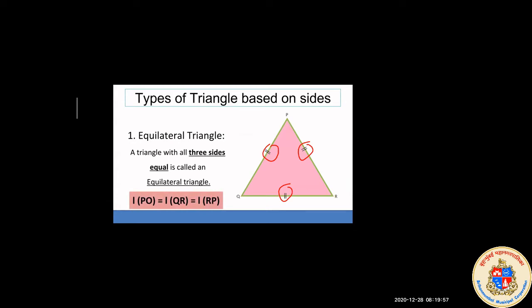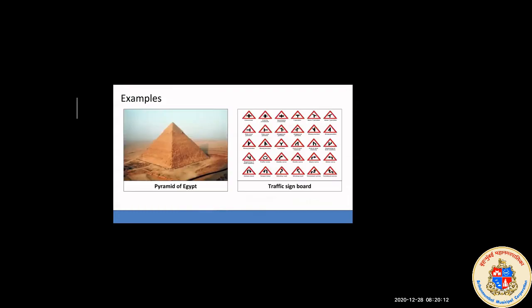See here, length PQ is equal to length QR is equal to length RP. So all sides are equal. We have to write it like that, okay? And then we can say the triangle is an equilateral triangle.